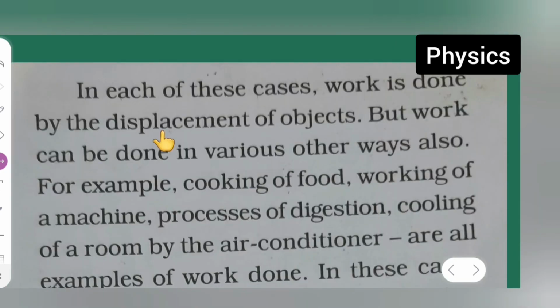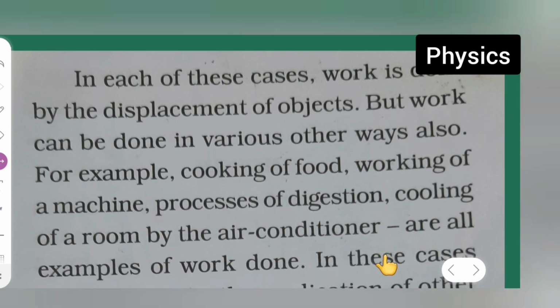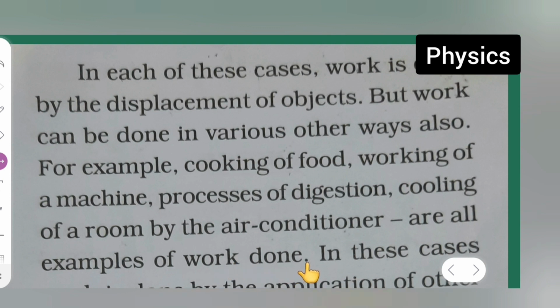Next, in each of these cases, work is done. Okay, in each of these, work is done by the displacement of objects, but work can be done in various other ways also. For example, cooking of food, working of a machine, processes of digestion, cooling of a room by the air conditioner are all examples of work done.